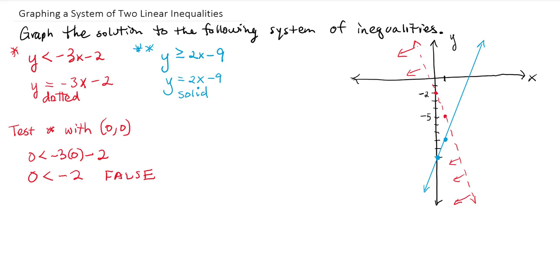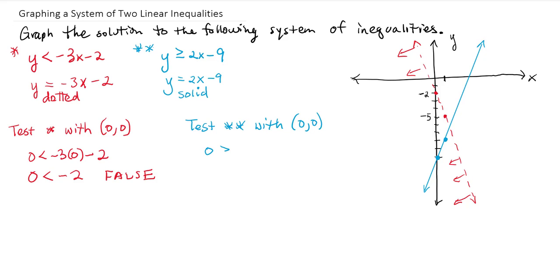Once again, we could pick a nice convenient point. A nice convenient point would be 0, 0 as well. Now you don't have to. You could pick 99, 0. Okay, 99, 0 is not on that solid blue line. But for convenience here, just make sure your test point is not on the line.